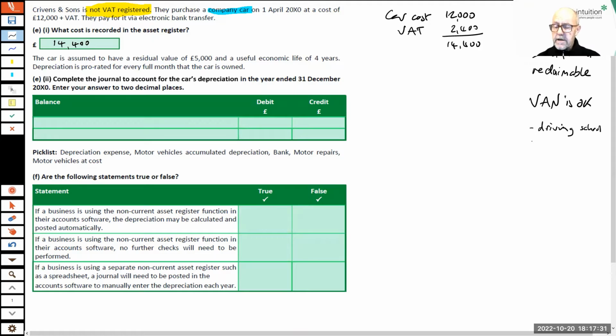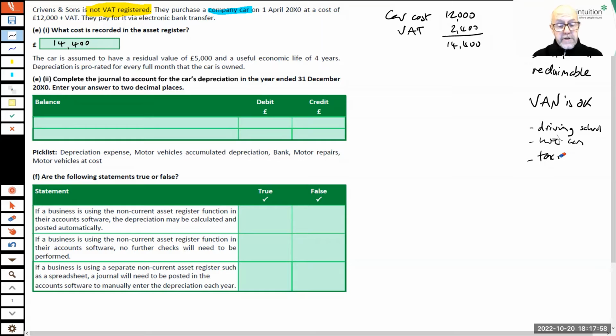Hire cars, I think, if it's a taxi, and yeah, hire cars. So generally speaking, watch out for if they say it's a company car for a member of staff, which it usually will be.